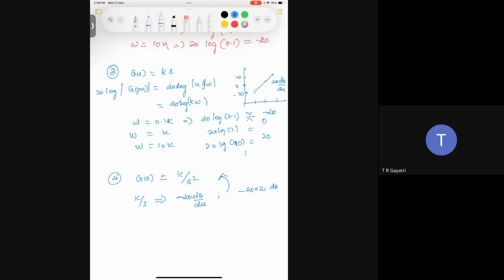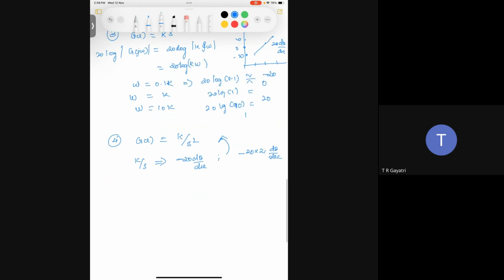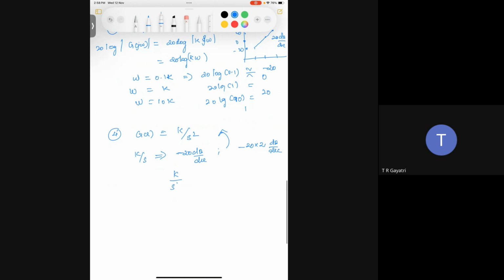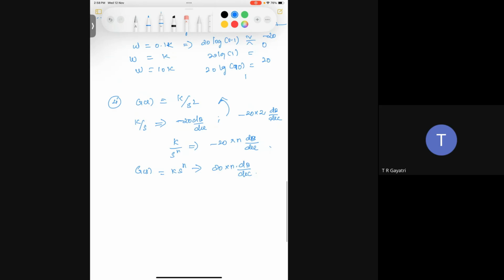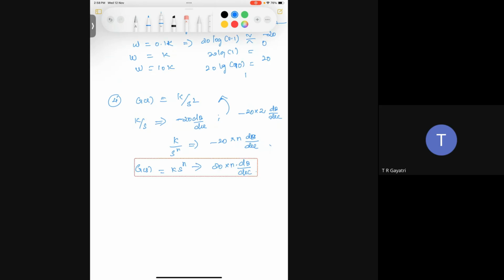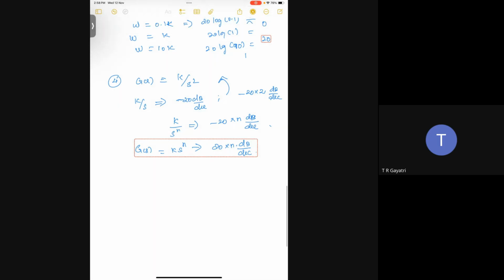You can derive it and cross-check, but for k by s power n, it will be minus 20 times n decibels per decade. Similarly, for G(s) equal to k times s power n, it would be 20 times n decibels per decade. If two zeros are at the origin, it would be 40 decibels per decade.